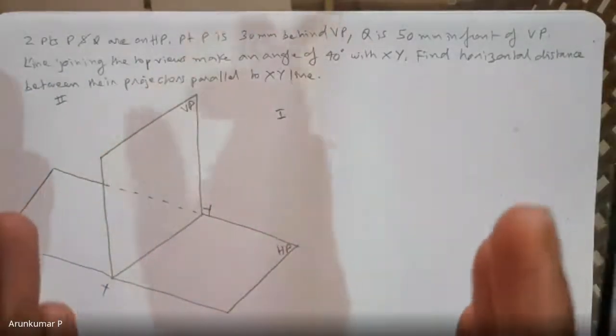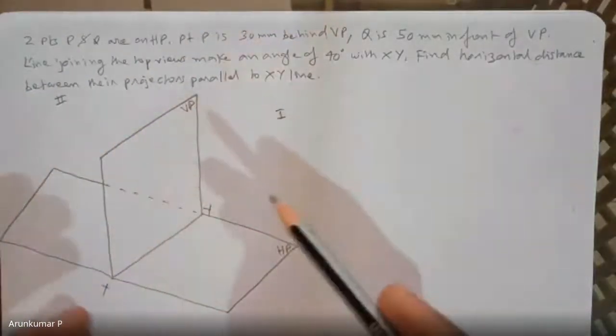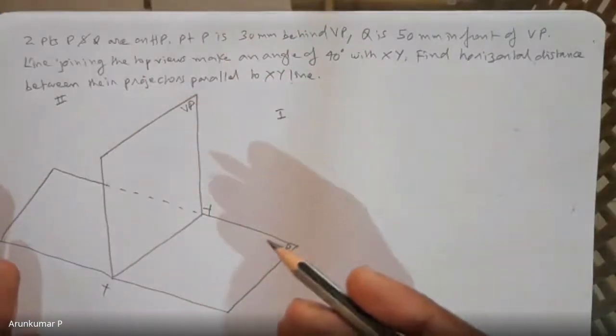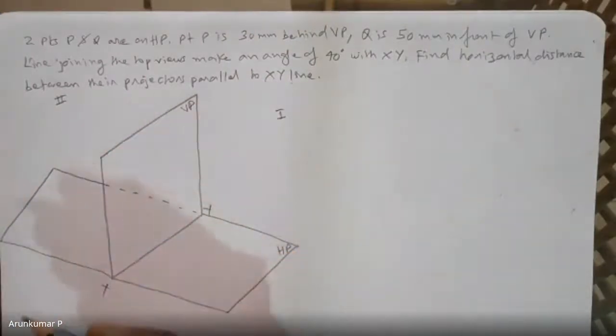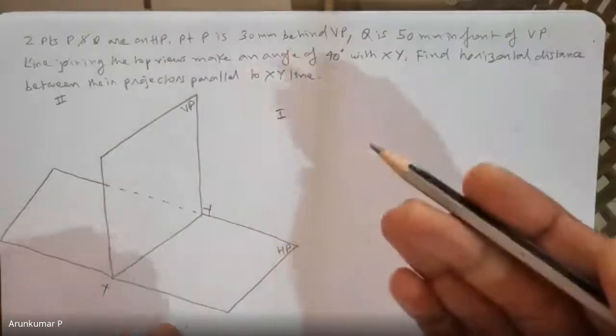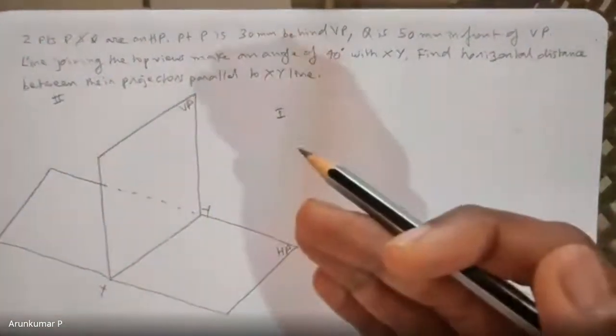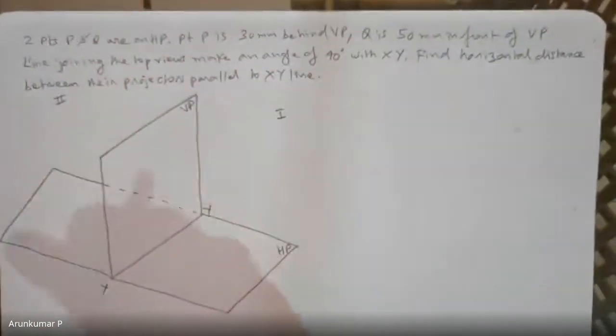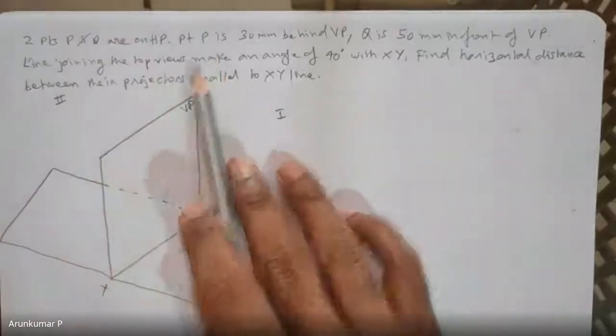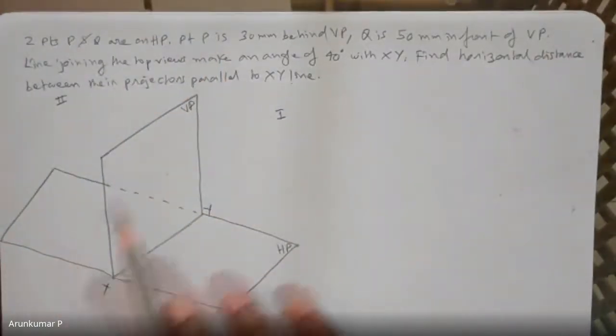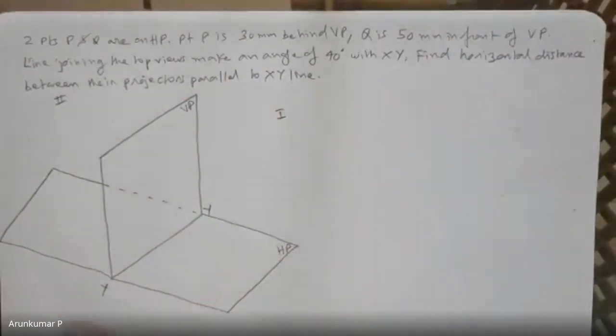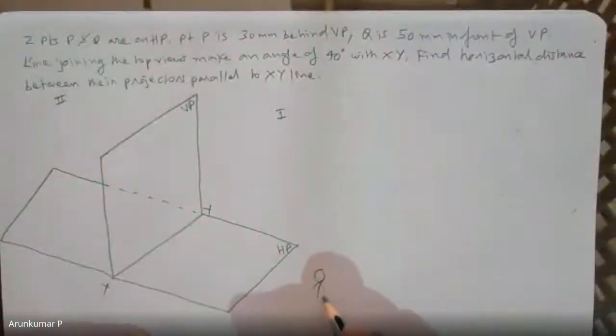So it is better that you locate one point on the left side and the other on the right side so that there is sufficient gap between the two, as we have done in previous problems. So point P I'll draw slightly on the left and point Q slightly on the right.